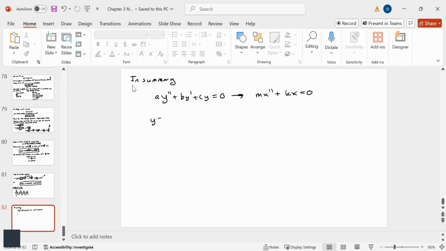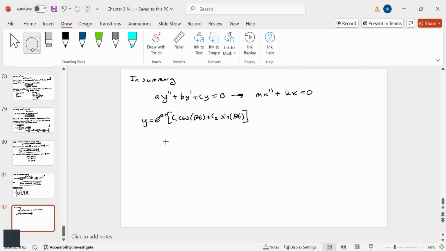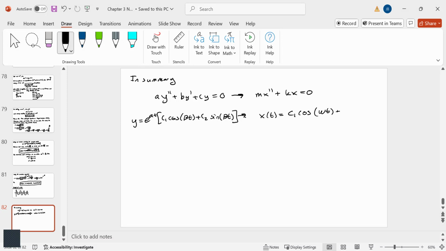And then y equals e to the alpha t times c1 cosine beta t plus c2 sine beta t has become x of t equal to c1 cosine omega t plus c2 sine omega t. That's it. A has become m, c has become k, and then our equation has become c1 cosine omega t and c2 sine omega t.